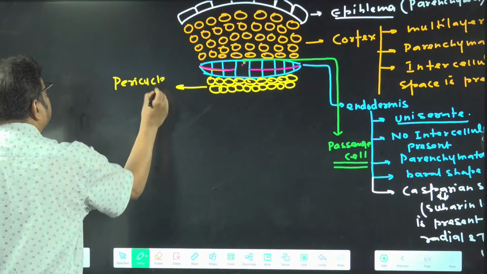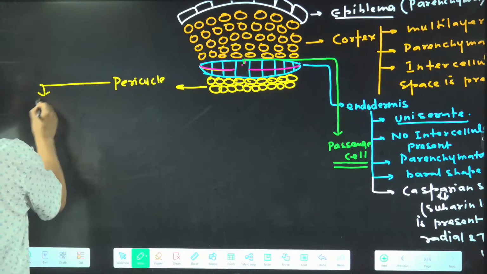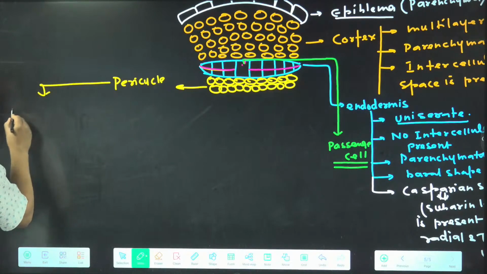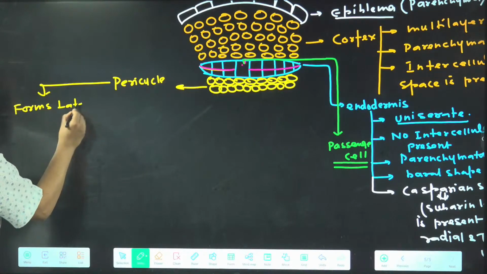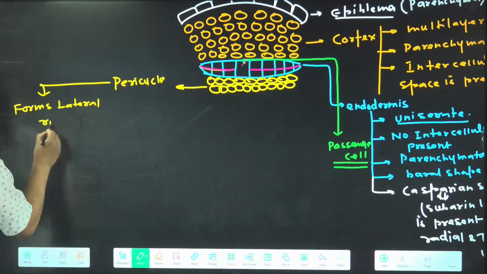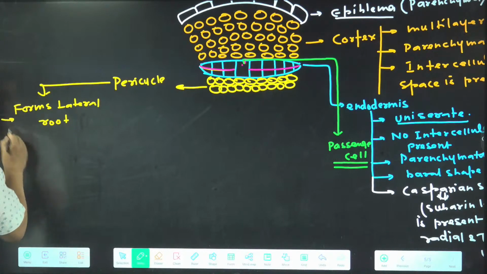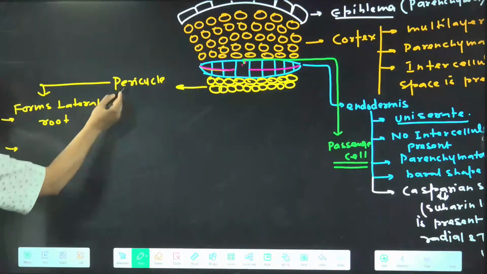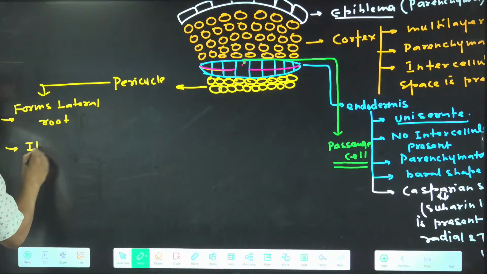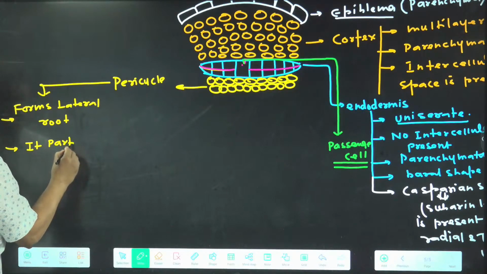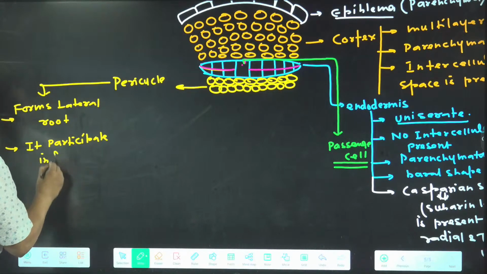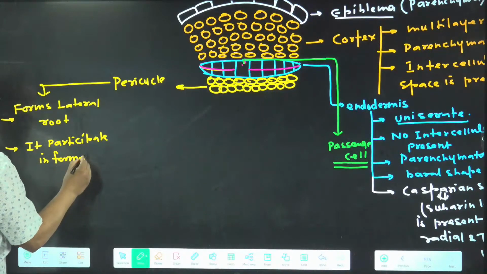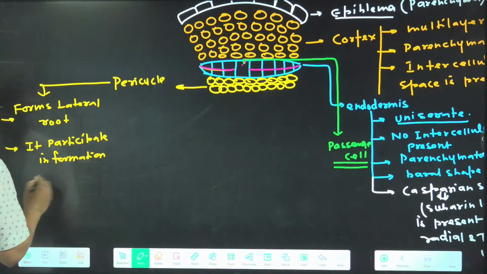What is special about the pericycle? Pericycle forms lateral root. One job the pericycle does is this. Another work the pericycle performs is what? It participates in the formation of which one?